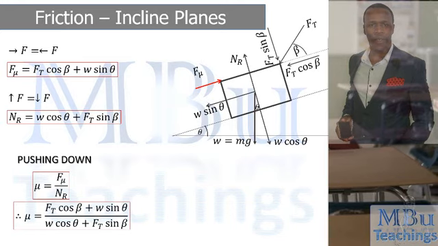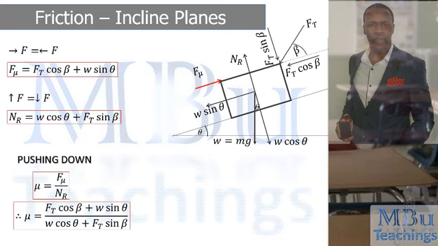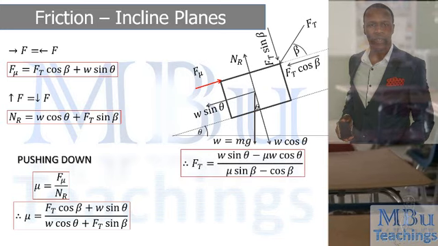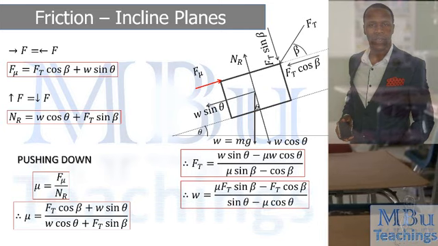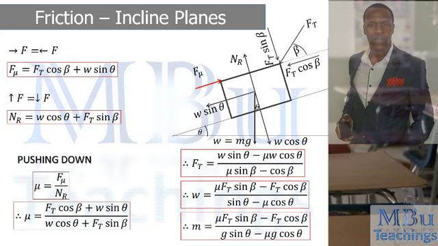Substitute for F mu and Nr. Then after that we can make Ft the subject of the formula, then make W and then M the subject of the formula, and it's easy for M because you just divide by g where we had W.